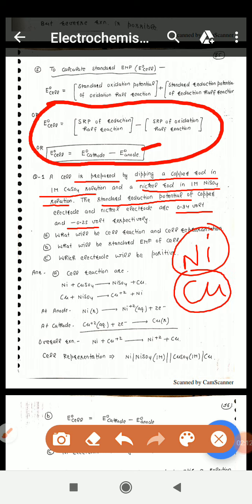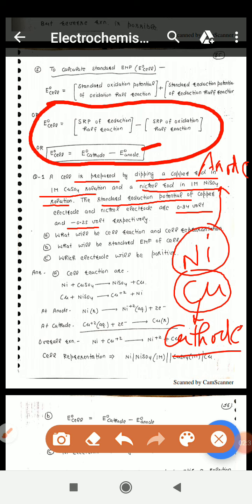It means that nickel metal acts as the anode; the more reactive metal acts as the anode. The metal in the electrochemical series which comes first acts as the anode, and the metal which comes after hydrogen, or is lower in the series, acts as the cathode. So nickel is the anode and copper is the cathode.